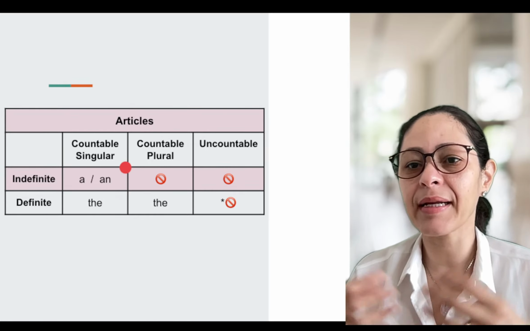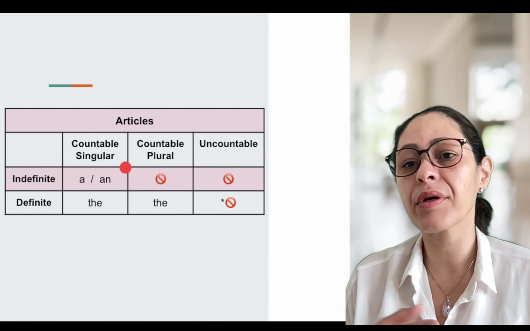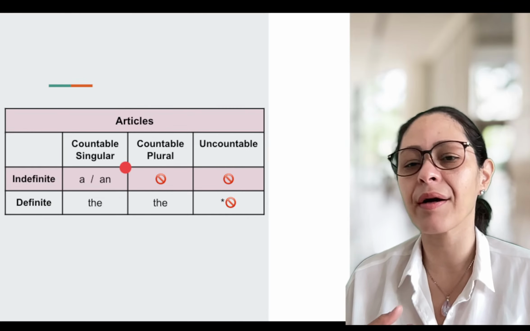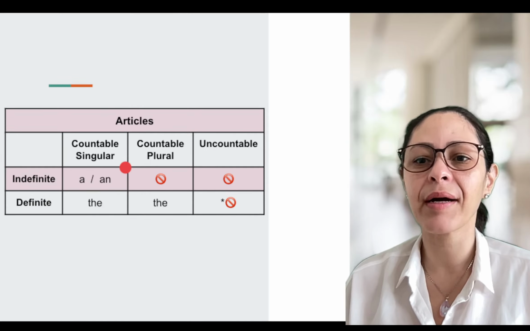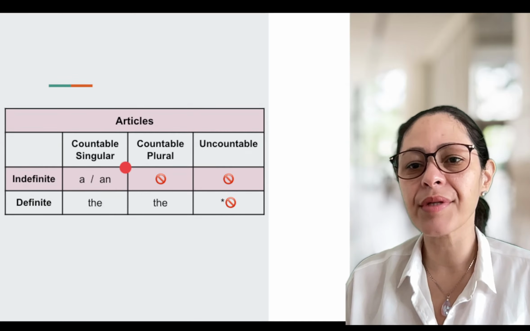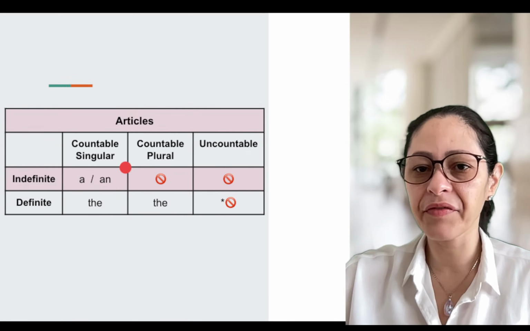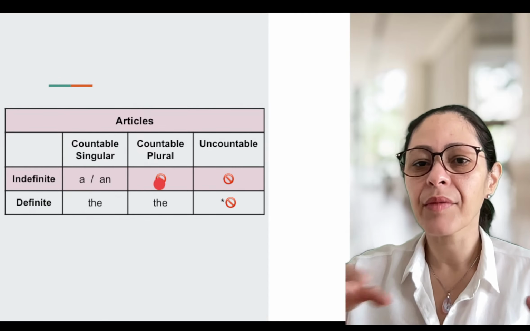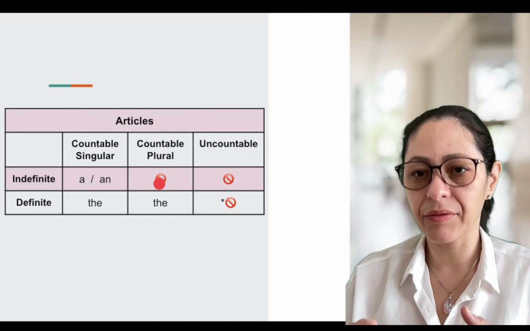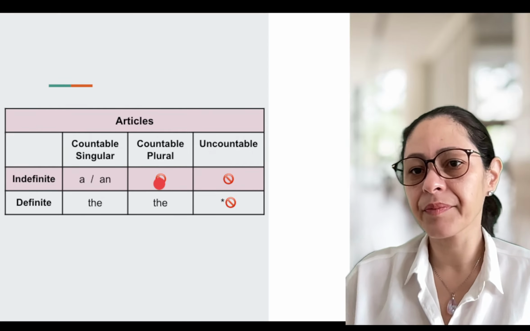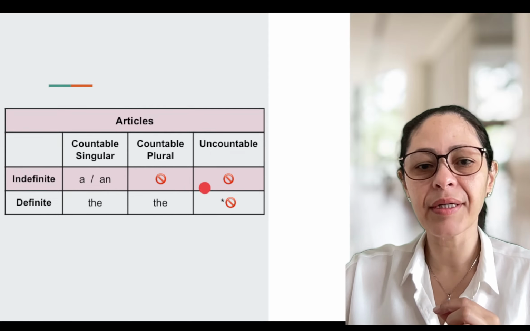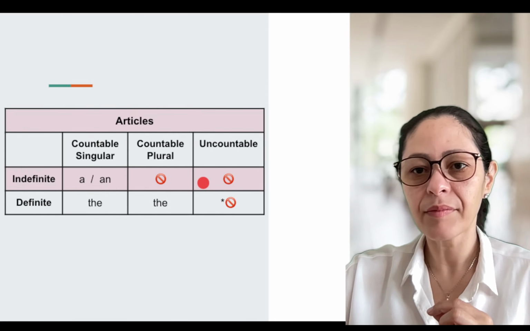So every time we can count a noun, for example, a book, several books, 2 books, 3 books, a car, many cars. These are countable nouns. Then we're going to use a or an. Be careful, because we do not use a or an with plural countable nouns, only with singular. And we also don't use these 2 articles with uncountable nouns.